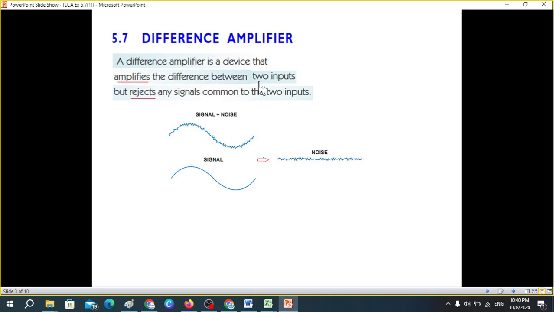It amplifies the difference between two inputs, but rejects any signal common to the two. So you can see it is rejecting the common signal and is only getting the noise out. And you will subsequently learn that in communication systems, we use various feedback mechanisms through which we feed the noise back to reduce the noise.